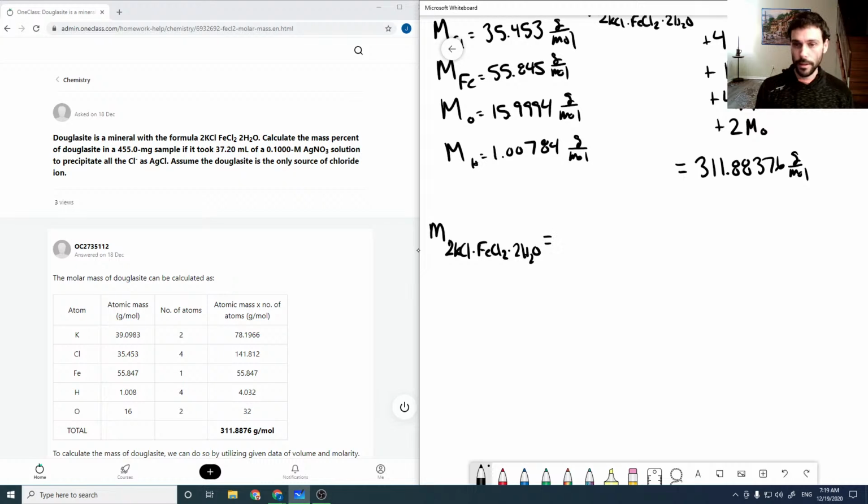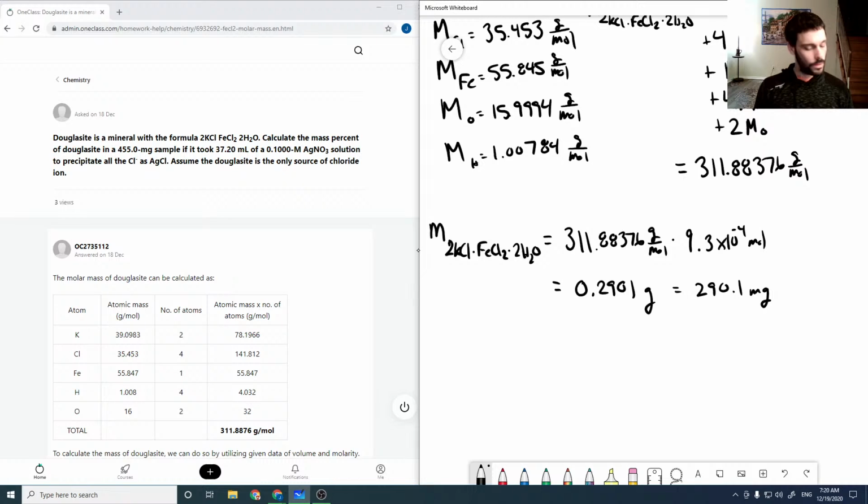And so that's going to be our molar mass, 311.88376, times our number of moles we found, which was 9.3 times 10 to the minus 4 moles, which comes out to be 0.2901 grams, or 290.1 milligrams.